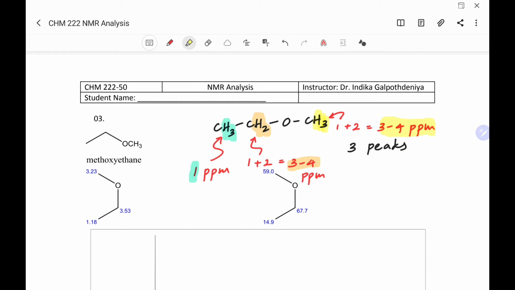And also let's look at the splitting patterns. You have these two carbons that contain hydrogens, and they are neighboring carbons, so you could expect splitting patterns.